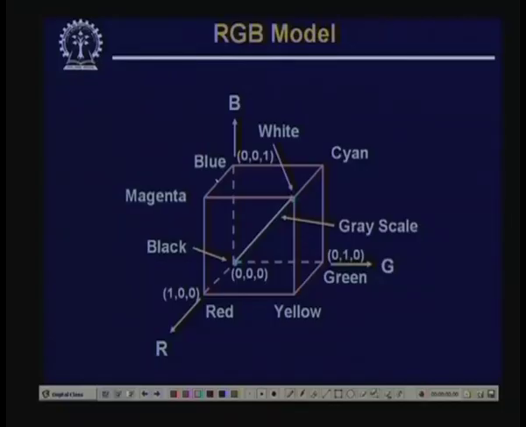And you find that in this cube we have also placed the secondary colors of light, which are basically the primary colors of pigment, that is cyan, magenta and yellow. These three colors are placed in the other three vertices of this unit cube.